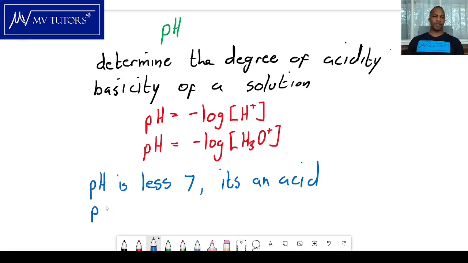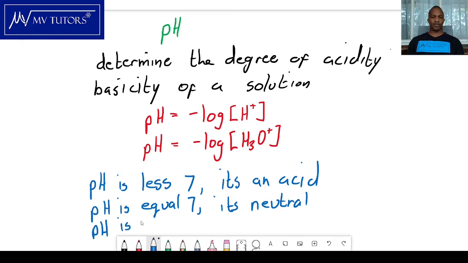Okay, if the pH is equal to 7, then the solution is just neutral. It's neither acidic nor basic. Then the last one, if your pH is more than 7, then it's a base.